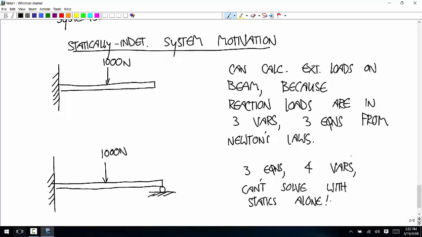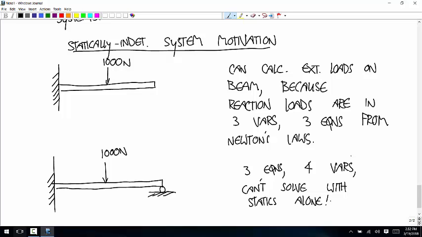But what we can do is, if we know how this material deforms when it's loaded, then we can come up with an expression for, in this case, the deflection of that beam. We'd come up with an equation for the deflection at the end of this beam under the loading here and here, okay?